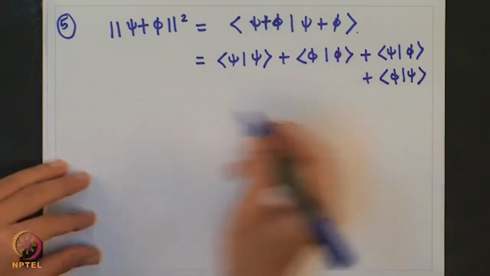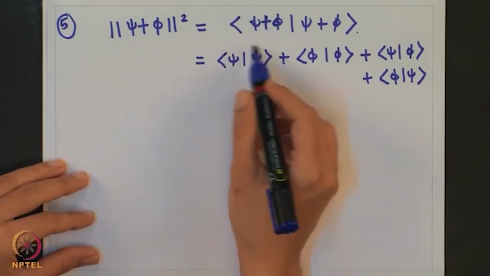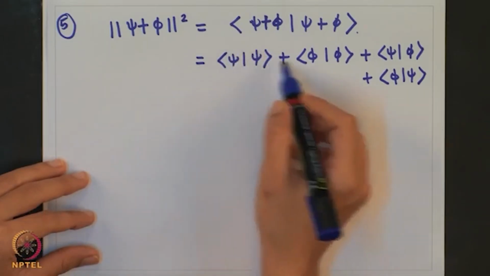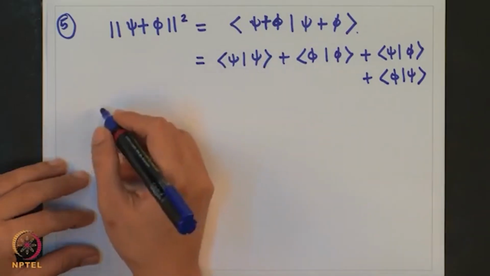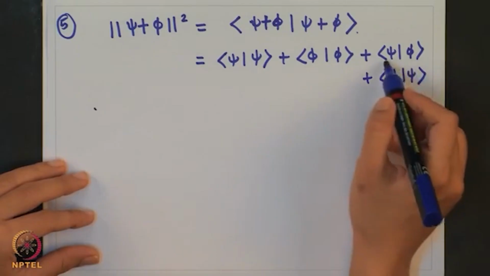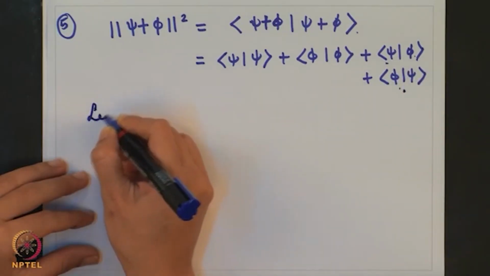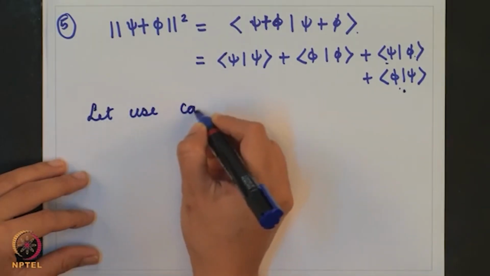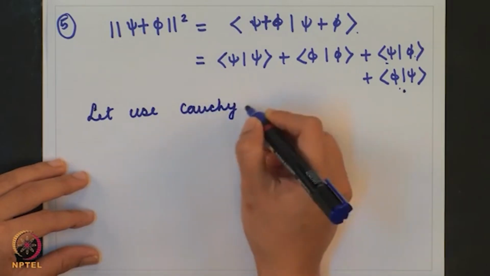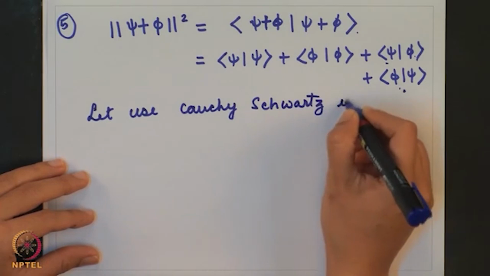We know the norm of a vector is always greater than or equal to 0. So, now we have to worry about these two, are they equal. So, let us use the Cauchy-Schwarz inequality.